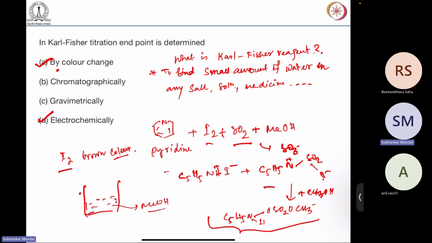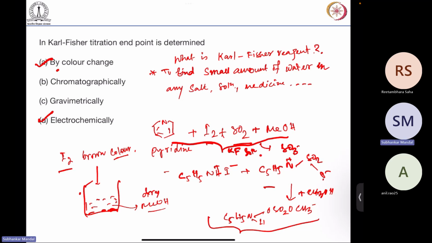For that they take dry methanol in the container and add the Karl Fisher reagent. All this is known as the Karl Fisher KF solution.